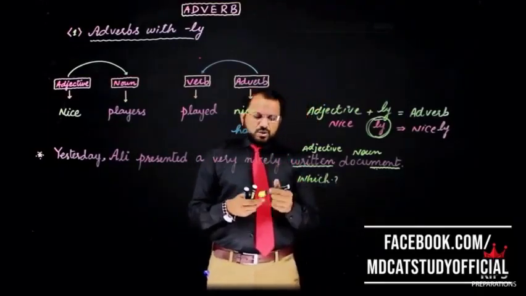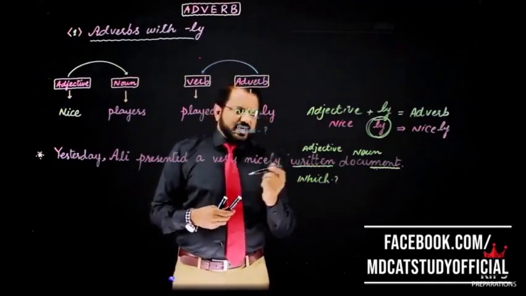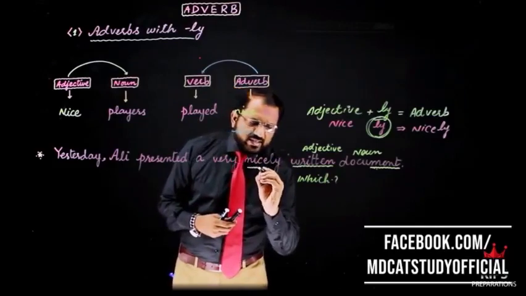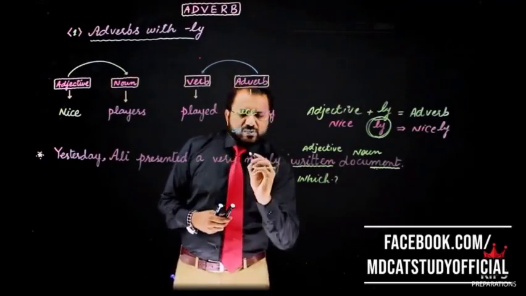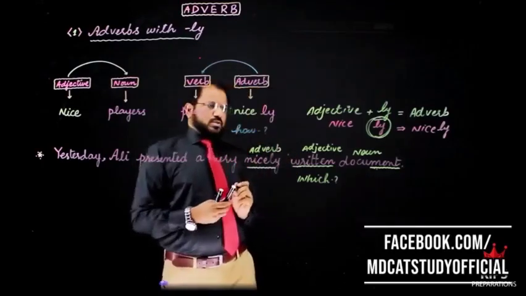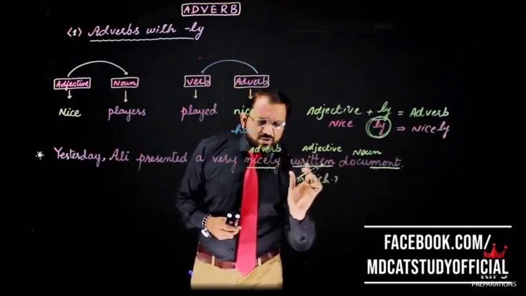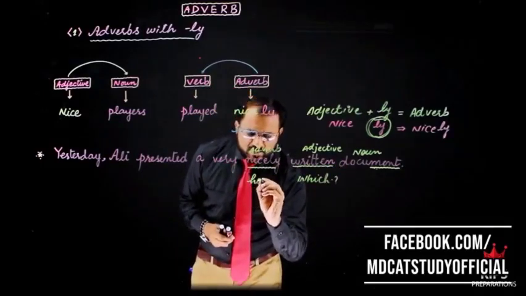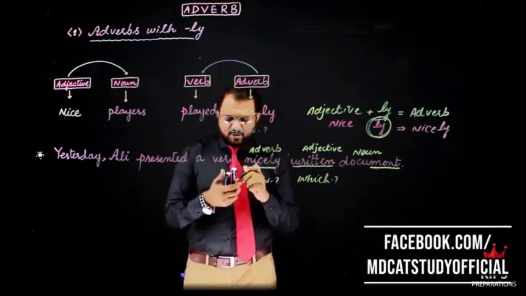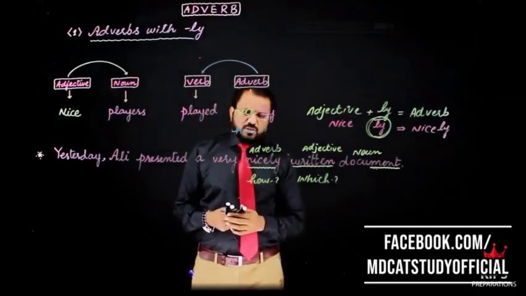All right. So the word added to the meaning of an adjective is called an adverb. So nicely is an adverb. Written document, written how? Nicely. As I explained, all the words in English language that answer "how" are called adverbs.